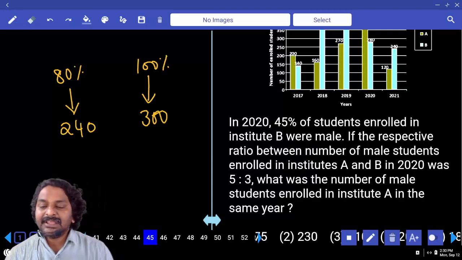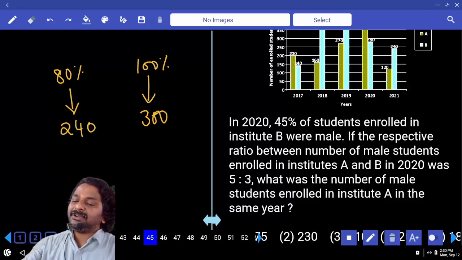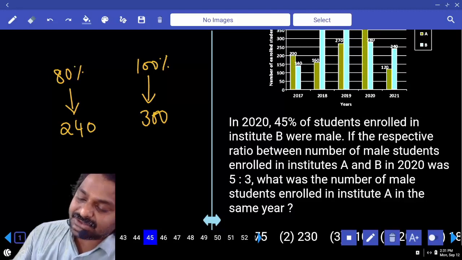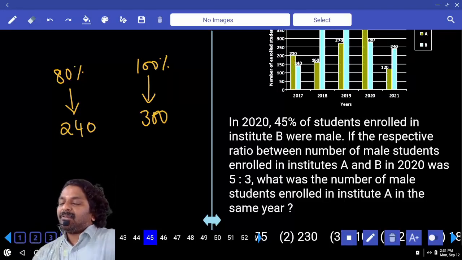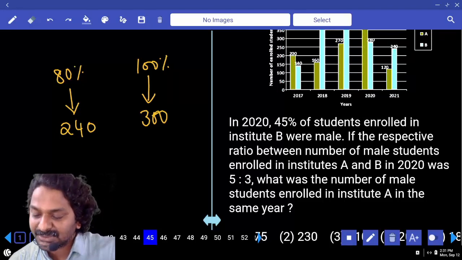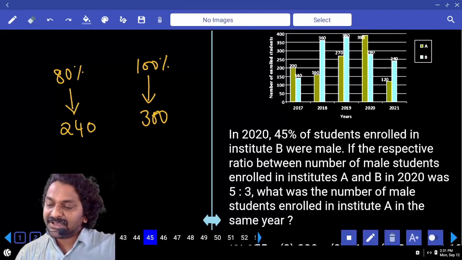In 2020, 45% of students enrolled in Institute B were male. If the respective ratio between the number of male students enrolled in Institute A and B in 2020 was 5:3, what was the number of male students enrolled in A in the same year? Right, so which year? 2020.